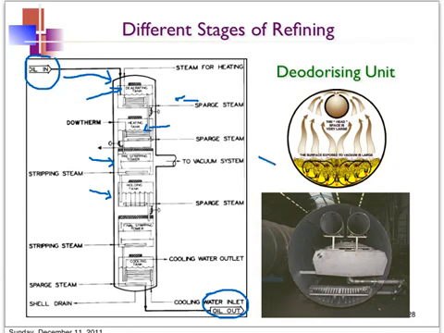So during this process, the steam will be dispatched into the deodorizer unit and will come into intimate contact with the oil, and the high temperature and the vacuum condition will allow the volatiles to vaporize into the large headspace vacuum space here, and will be removed and collected as distillate.